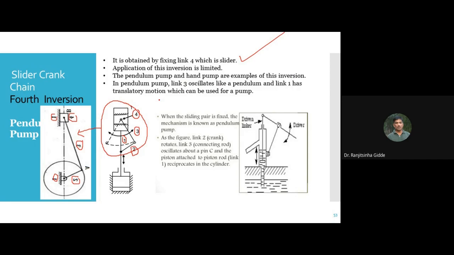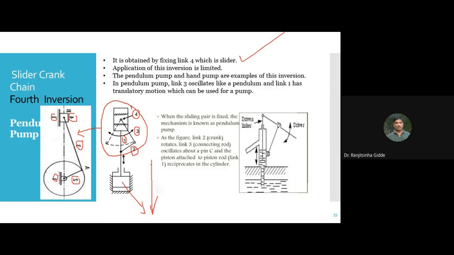Here, this is link 3, which is going to oscillate like a pendulum. And link 1 has translatory motion, which can be used for pumping. So this link will have translatory motion.